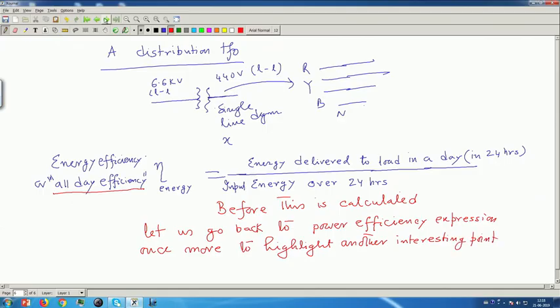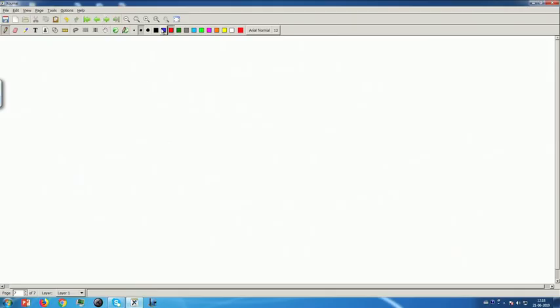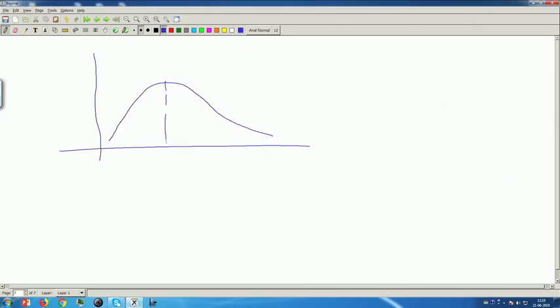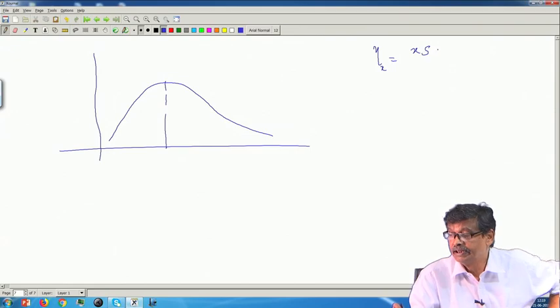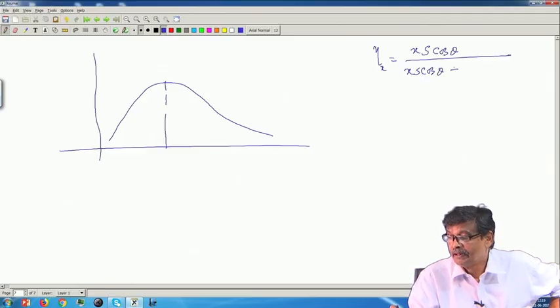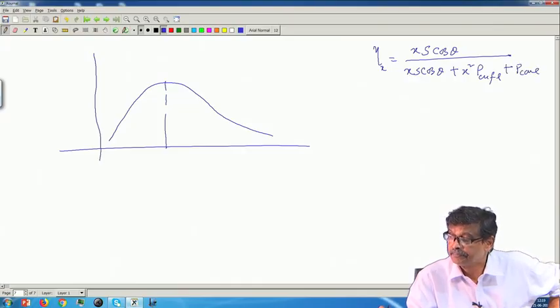Okay. So, let us see what is this. We have seen that the efficiency curve will be somewhat like this, it will have a peak, and eta at any degree of loading x is like this: the output kilowatt divided by output plus x square P copper full load plus P core constant, we know that.